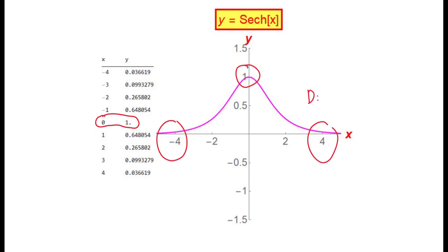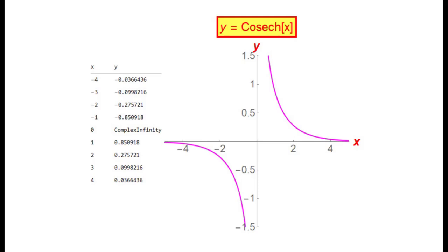So the domain is all real numbers, and the range is 0 less than y less than or equal to 1. You can find the domain and range by referring to this graph. You can try this.